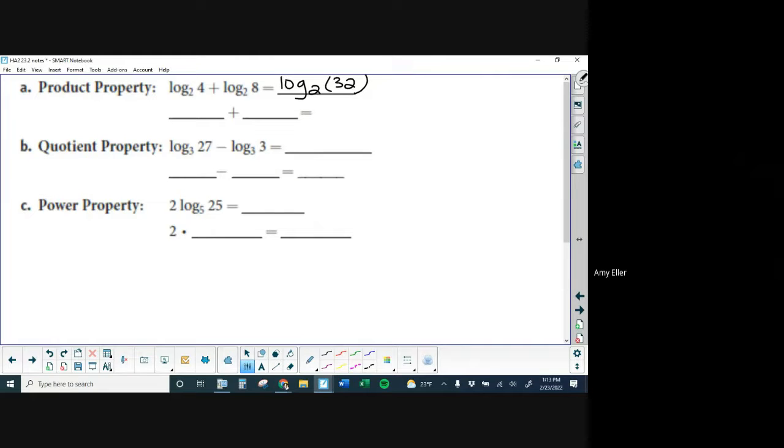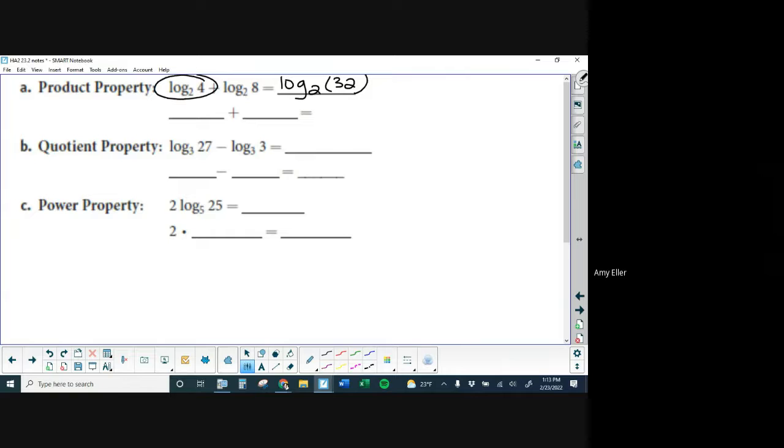If this was log base 2 and this was log base 20, we wouldn't touch them. We would just leave them separate like they are. The only way you can combine them is if they have the same base, which they do, and that base carries through to the property. So 4 times 8, 32. Under here, you're going to do these individually.